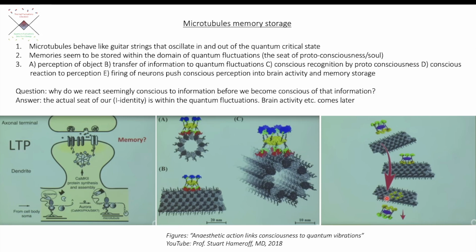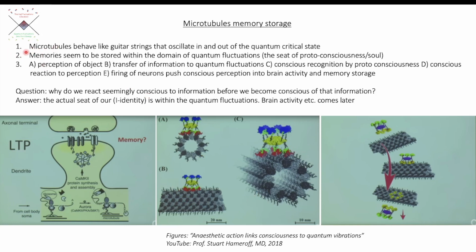We are made out of an instrument, so to speak, the microtubules, and depending on where these hexagonal stamps are placed, they determine our access code to the quantum fluctuations. So our memories and our consciousness are not in our brain, they're not in the microtubules. All this is just the access code to the soul, so to speak.